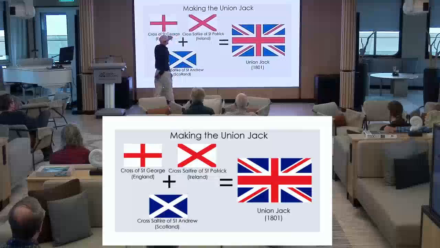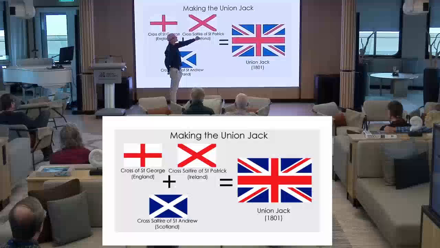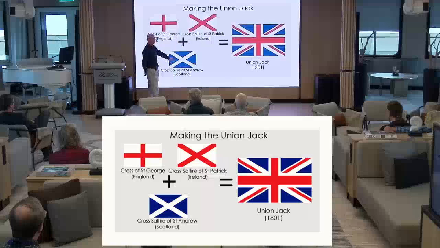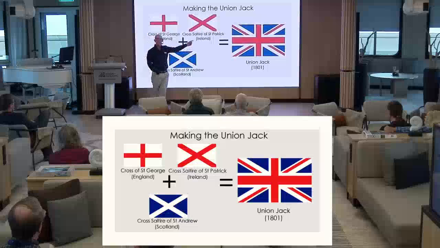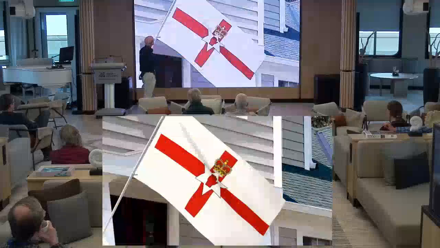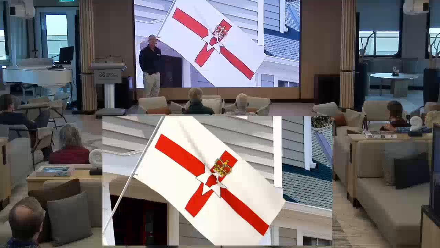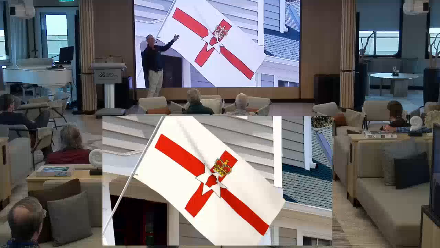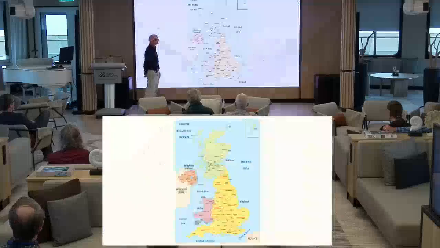So the Cross of St. George, what's called the Cross Saltire of St. Patrick, Ireland, but it's not the Ireland of today, and the Cross Saltire of St. Andrew, which is Scotland, which make the Union Jack, as of 1801, which was the union with Ireland. But that is the flag of Ulster. So that should really be on the Union Jack, but nobody can be bothered to change it. Plus, it now has, well, as all flags do, political ramifications in terms of the sensitivities on Ireland.